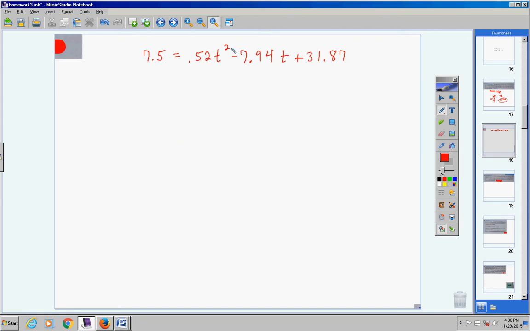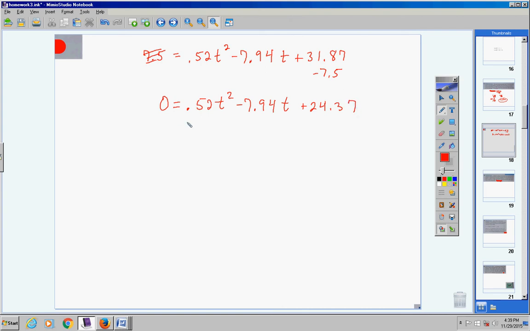Look, we notice we have a quadratic equation, so we need to bring this over and make it a negative 7.5. Alright, so here's what you're left with. 0 equals 0.52 T squared minus 7.94 T. And then we have positive 24.37.